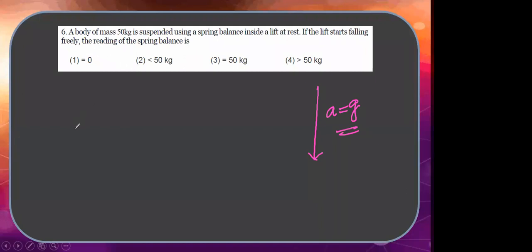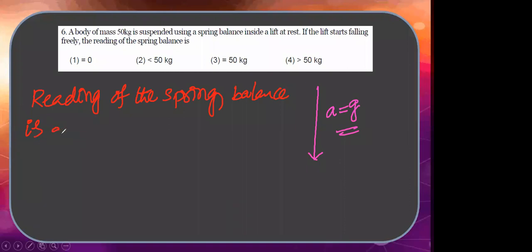The reading of the spring balance, which is equal to apparent weight.